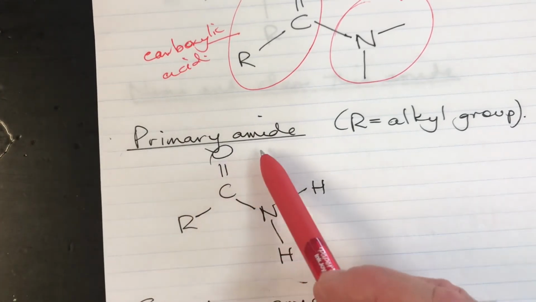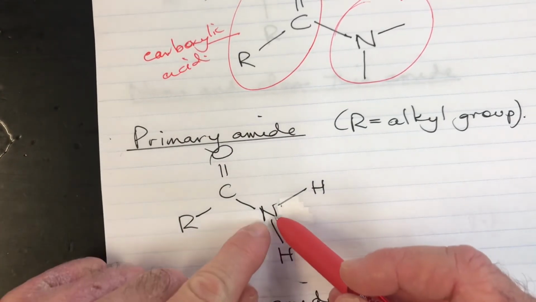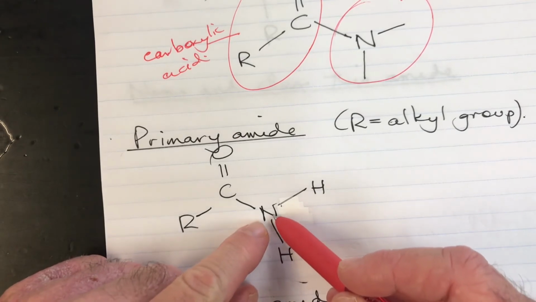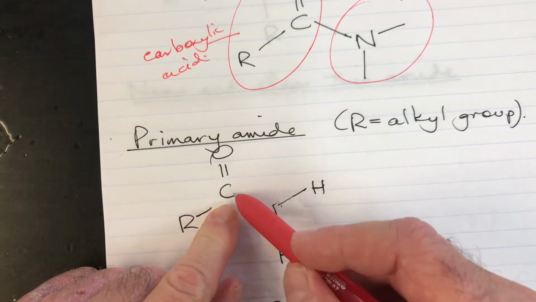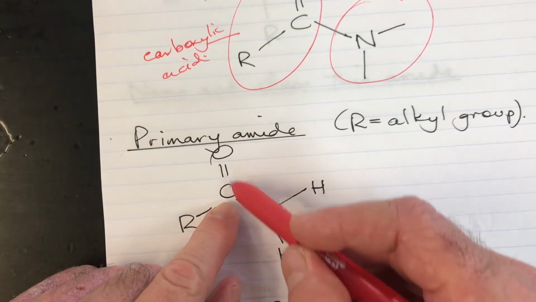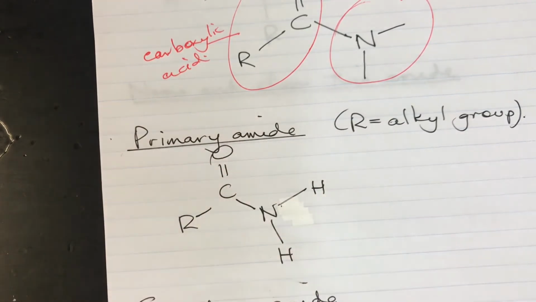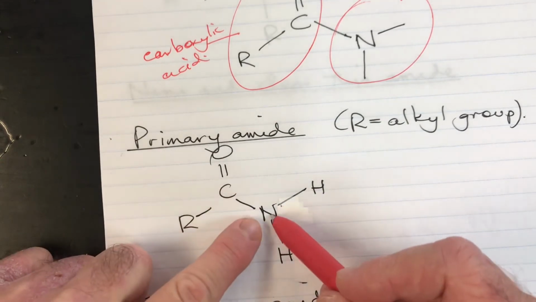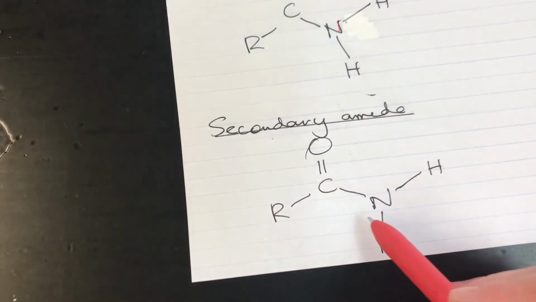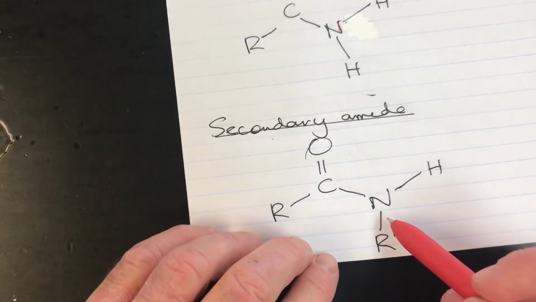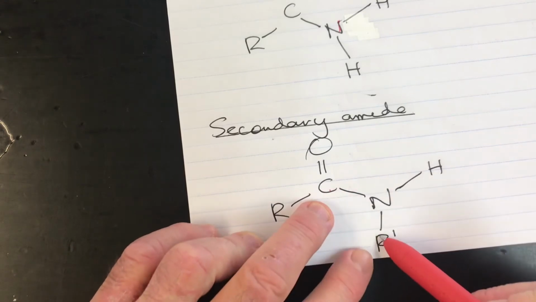A primary amide is where the nitrogen is only attached to one other carbon. Primary, one. Nitrogen attached to one carbon, and that carbon is the carbon from the carbonyl group. So the other two things that the nitrogen is attached to is just hydrogens. Secondary amide, the nitrogen is attached to two carbons, 1, 2.